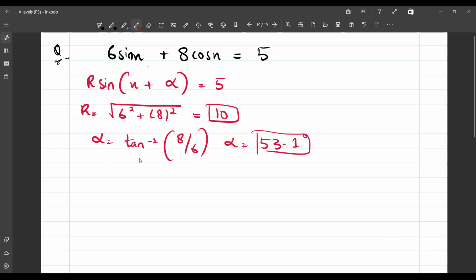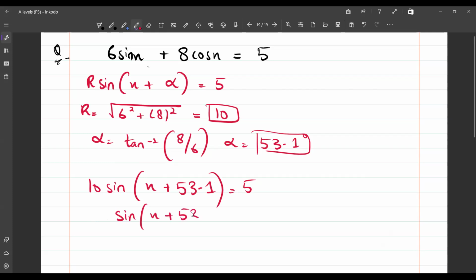So 10 sin(x plus 53.1) is 5, which means sin(x plus 53.1) is 5 upon 10 or 1 upon 2.